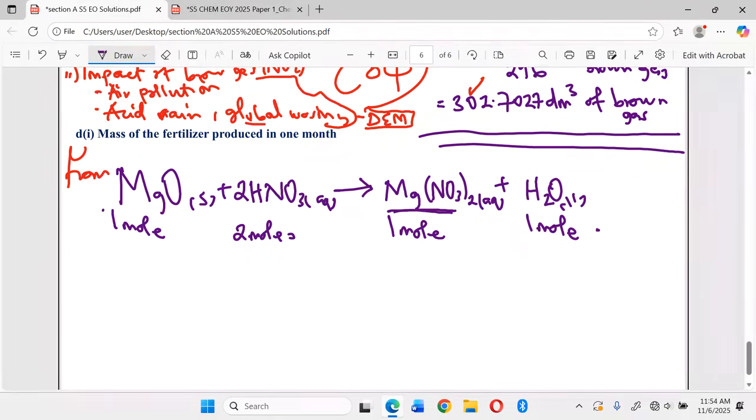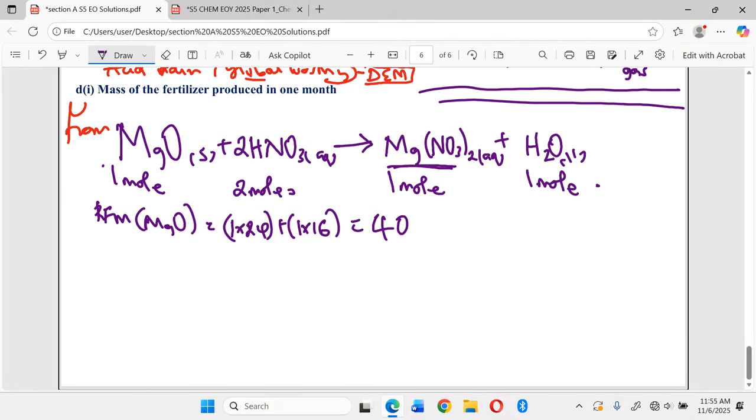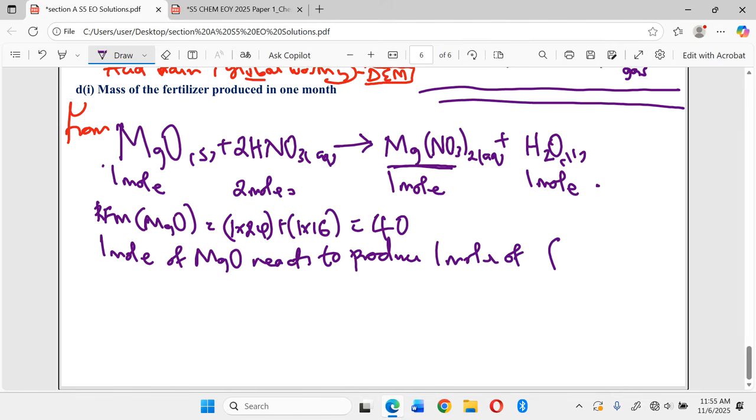Now, if we get the mass of this, RFM of magnesium oxide will be 1 times 24 plus 1 times 16, which will equal to 40. So if we are interpreting this, we can say that 1 mole of magnesium oxide reacts to produce 1 mole of fertilizer.